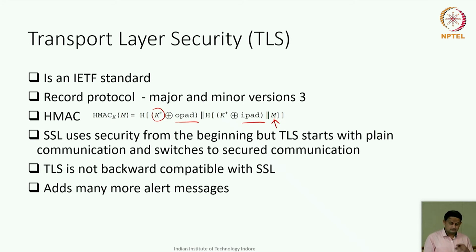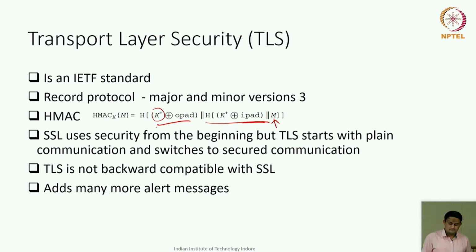So what TLS did is, instead of concatenating, it XORs the key with the first pad, and then the second pad with the same key, and then you finally concatenate that with the message. All these quantities taken together, you pass into the hash generation algorithm, and that becomes the MAC. That is one major difference.